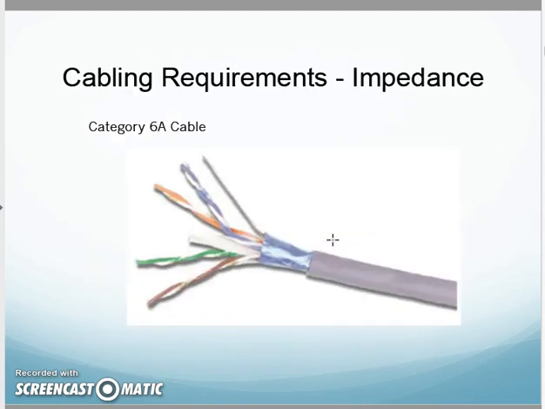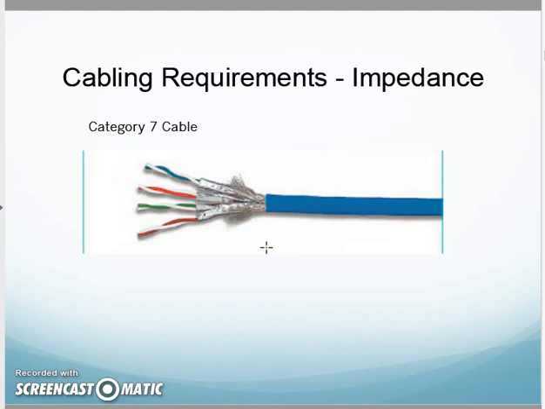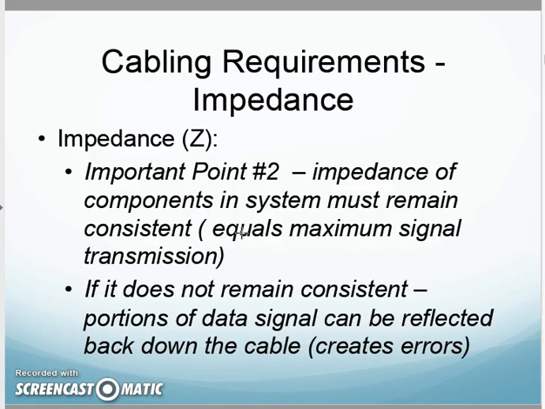Hey, let's increase the frequency even more. Let's add shielding. Hey, let's increase the frequency even more. We add 2 layers of shielding, okay? So as we keep increasing the signal frequency through our cable to get more bandwidth per time, to keep this cable at 100 ohms, we keep changing the structure of the cable.